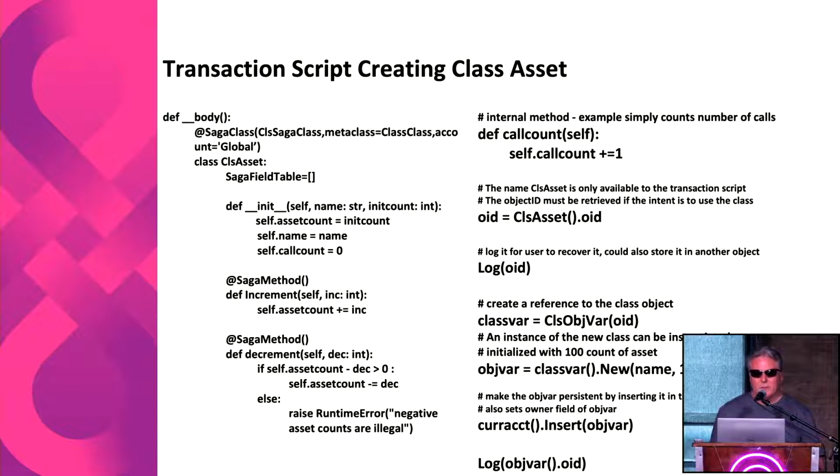It still hasn't been written persistently to the object state database because the transaction hasn't completed yet. When it does, the class will be written out and globally managed. But until then, you still want the object ID to be able to reference it, so you ask the new class for its object ID. That's classAsset.oid, and then you log the object ID so you can use it later.